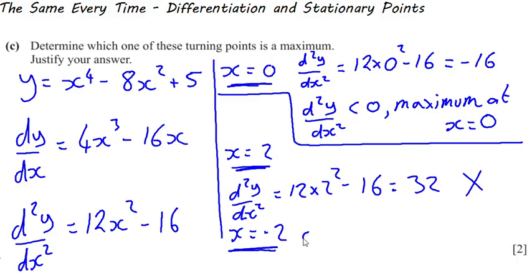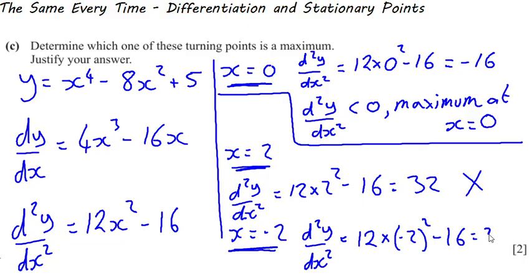But at x equals negative 2, d2y by dx2 is going to be 12 times negative 2 squared minus 16. Well, negative 2 squared is also positive 4, so that gives us 32, exactly the same answer, and of course that's positive, so that would be a minimum as well.